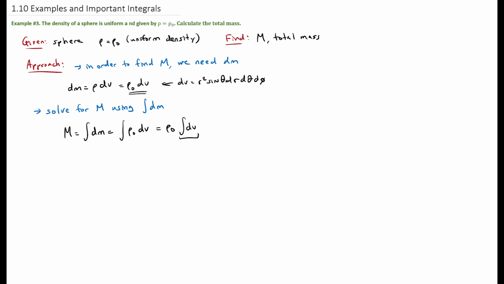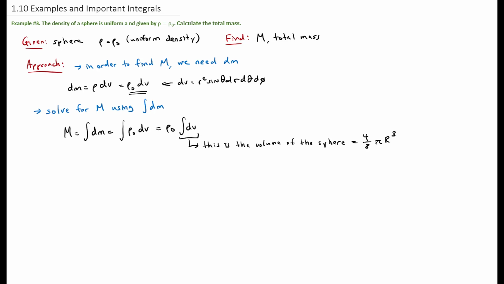So over here, this is the volume of the sphere, which is equal to 4 over 3 pi capital R cubed. So this saves us so much time so that we don't have to do a triple integral and then set the boundaries and everything.